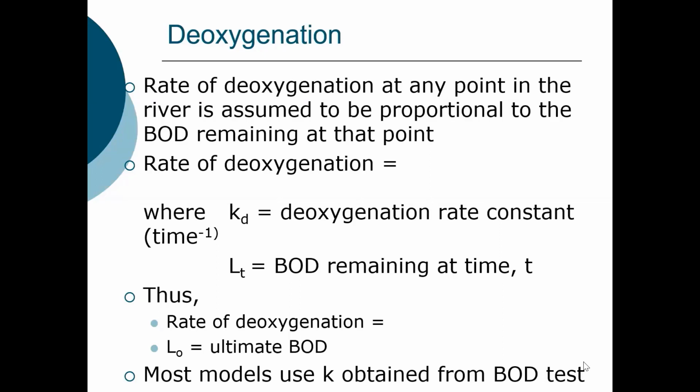So we can describe the rate of deoxygenation as equal to the rate constant times the amount of BOD remaining at any time t. The rate of deoxygenation is then equal to KD times L naught e to the minus k dt.